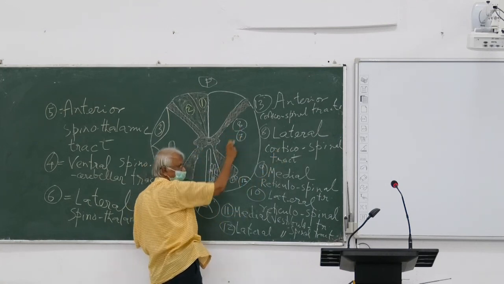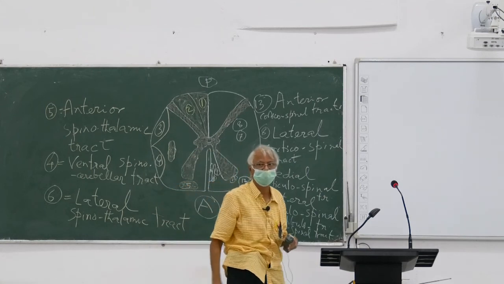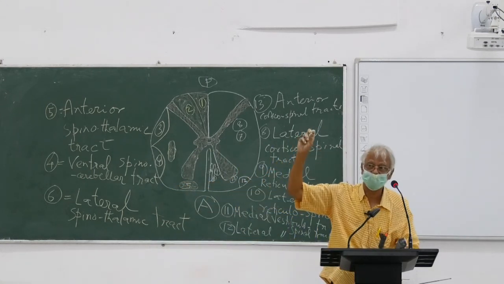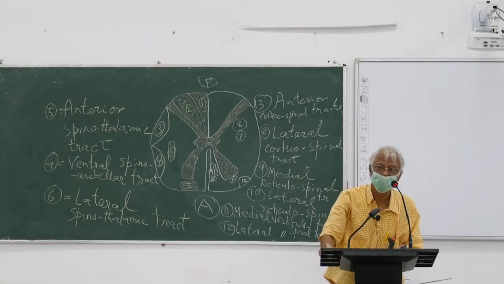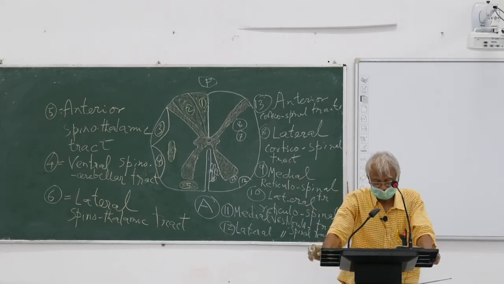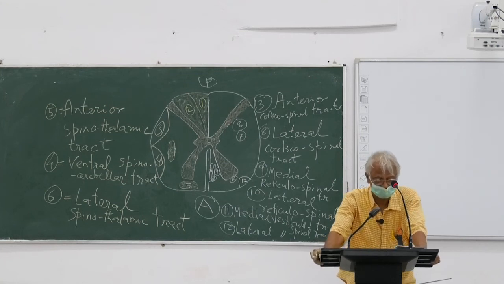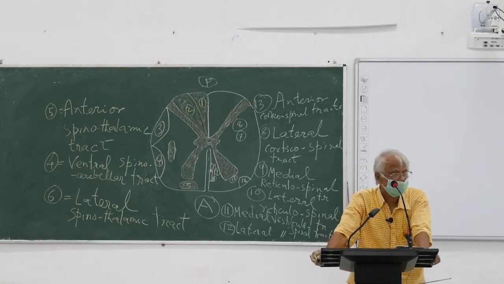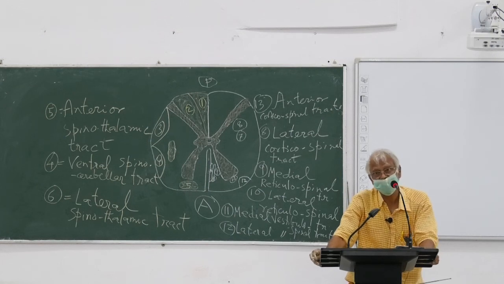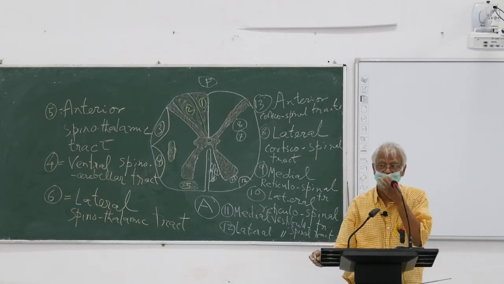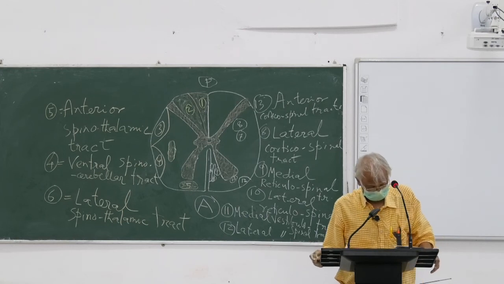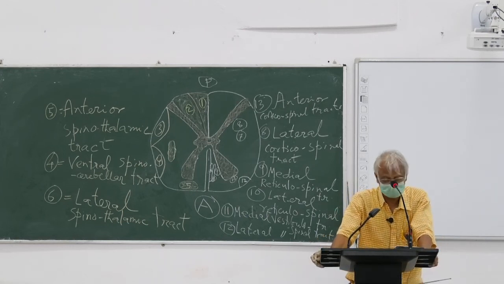Anterior corticospinal tract, lateral corticospinal tract. That means they are coming from the cerebral cortex to the spinal cord. Descending fibers coming from the cerebral cortex to the spinal cord. Rubrospinal from the red nucleus, reticulospinal from the reticular nuclei in the brainstem, vestibulospinal from the vestibular nucleus, corticospinal, anterior and lateral, both coming from the cerebral cortex.